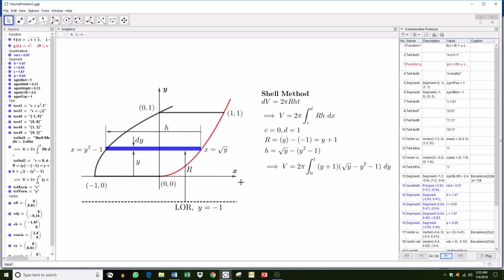And to get the height, x value here is square root of y, because this point is on this red curve. And x value here is y squared minus 1. So square root of y minus the quantity y squared minus 1 is our h. Plug and chug, you're done. That's it.